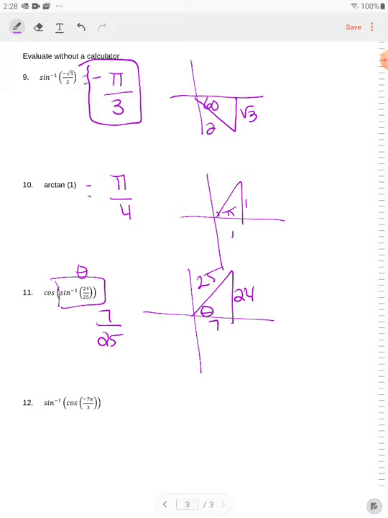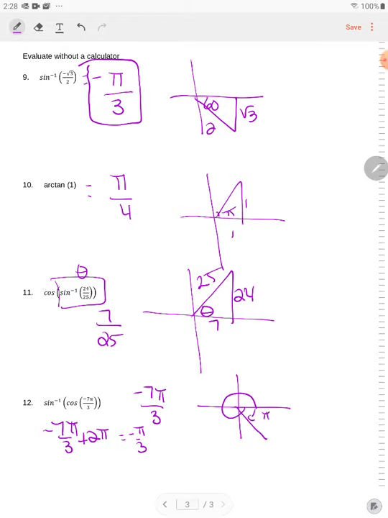Okay, and the last one, we're going to do the arc sine, not first, but second. So we have sine inverse of cosine of negative 7 pi over 3. We know we're going to go around clockwise. So if you take negative 7 pi over 3 plus 2 pi, because those are coterminal, you get negative pi over 3. So what happens is it brings us to a pi over 3 angle here, and it's negative because it goes clockwise.